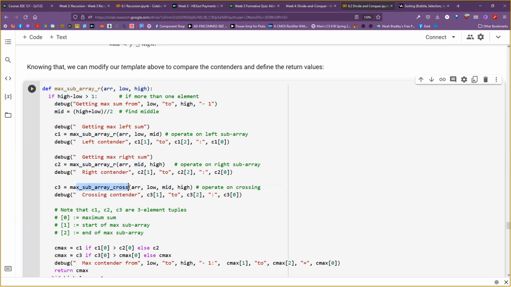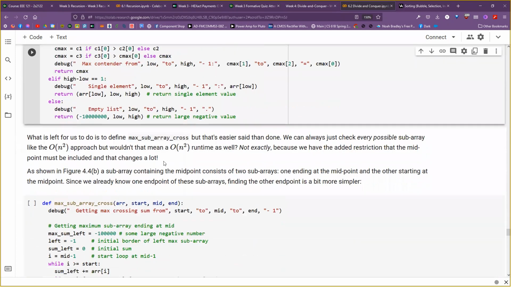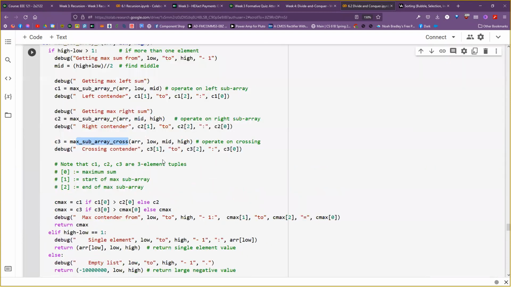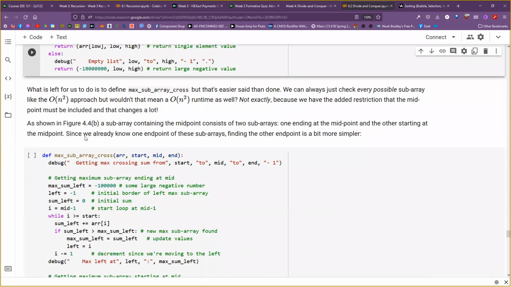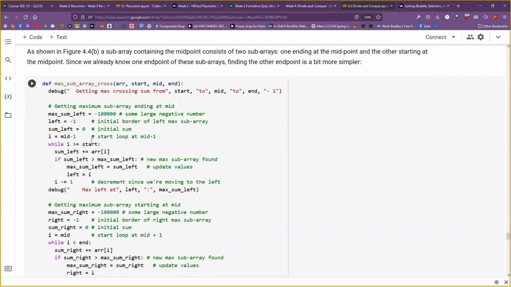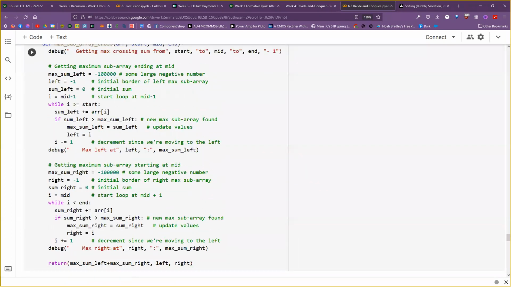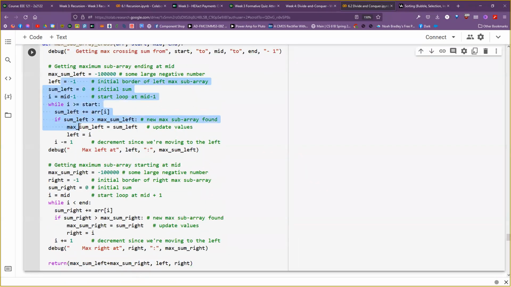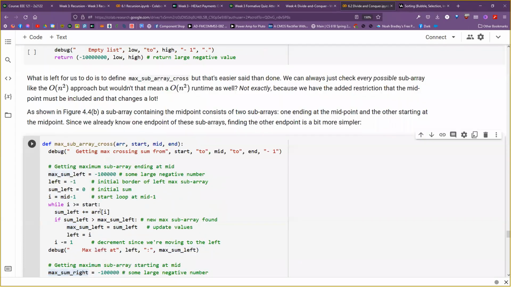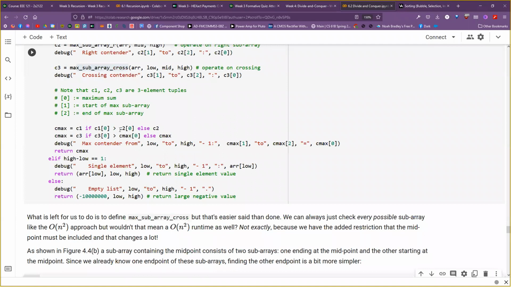And then yung third contender natin is the one that crosses yung ating midpoint. So yung ating maximum sub-array crossing. So yun, starting from the middle, extend to the left, hanapin yung maximum, extend to the right, hanapin yung maximum. And then ngayon, compare lang kung sino yung pinakamalaki and yun yung i-return.